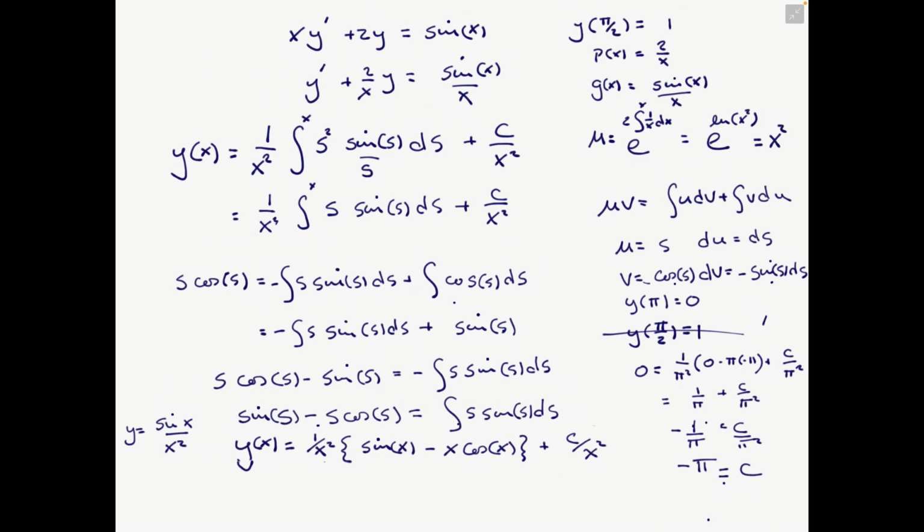All right, so let's put this in and let's see. y of x equals 1 on x squared sine x minus x cos x minus pi on x squared.